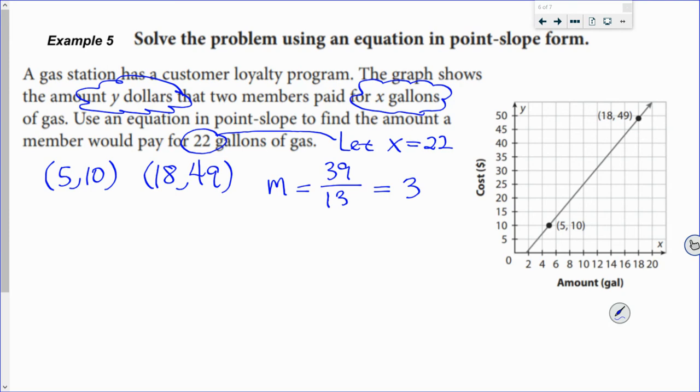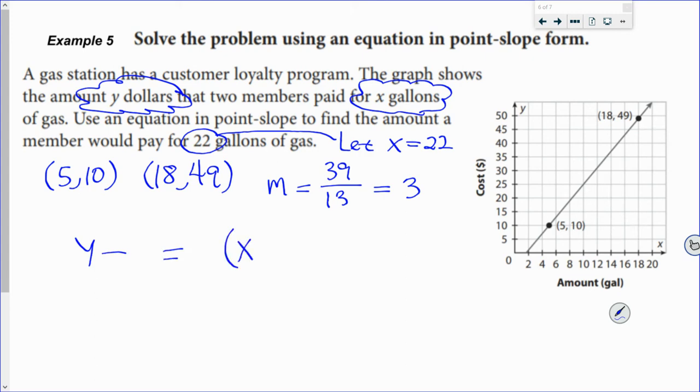Which do you think would be the better one to use? Just 5 and 10, because it's shorter. Yeah, I would choose 5 and 10 because those numbers are small. You can do it with the other one, it'll work, but you're going to have to be multiplying and working with much larger numbers.